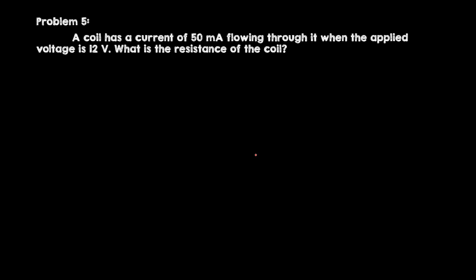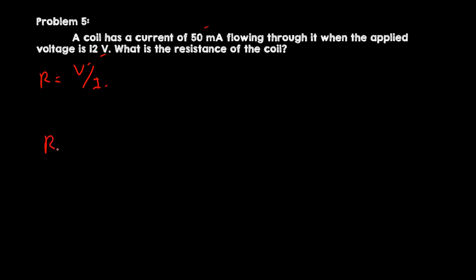Sample problem number 5. A coil has a current of 50 milliamperes flowing through it when the applied voltage is 12 volts. What is the resistance of the coil? Again, we are looking for the resistance. Our formula should be V over I. We have voltage 12 volts and a current of 50 milliamperes.